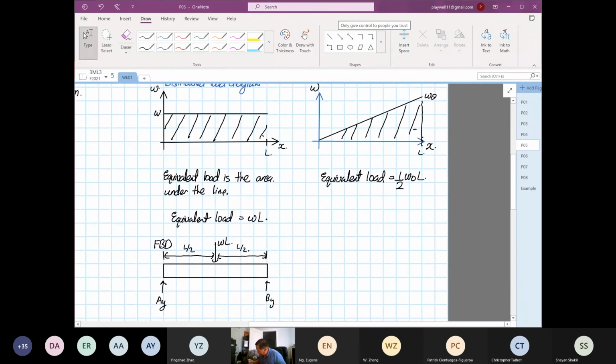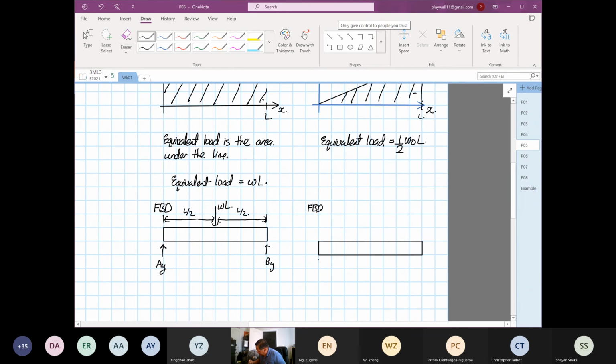Now where is it acting? Okay, so if we look at the free body diagram, right? So likewise, you have AY, you have BY. Okay, so where is it acting? Right, so the equivalent load is no more in the center.